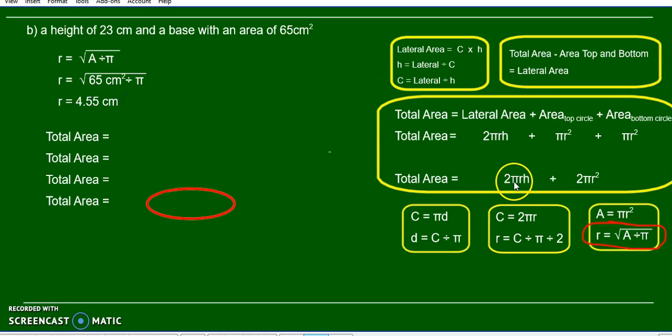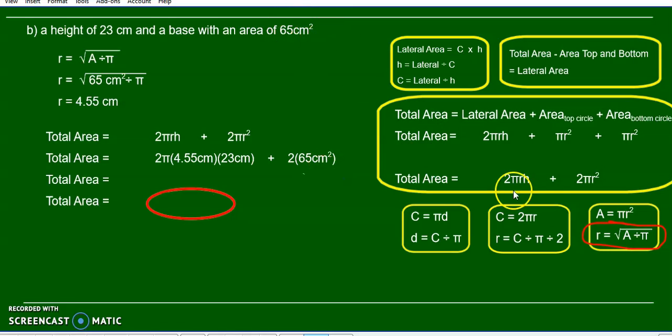Now we can go back and use this formula. We had to do a little bit of work to find the radius. So total area is 2 pi r h, that's circumference times height, and the 2 circles. So 2 pi r times the height, the r we just found. And here it's just 2 times 65 because it's given.